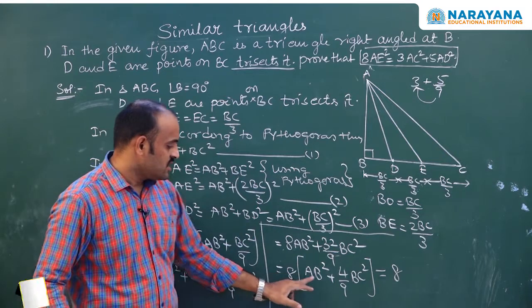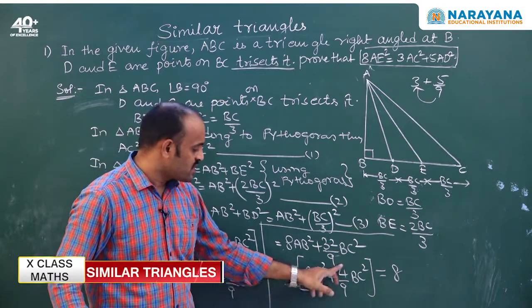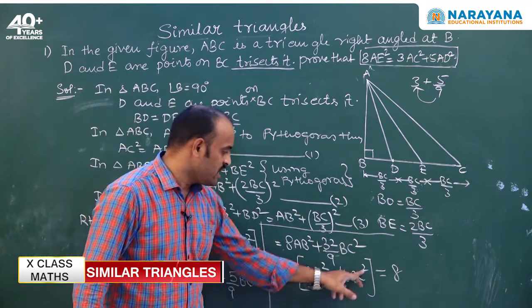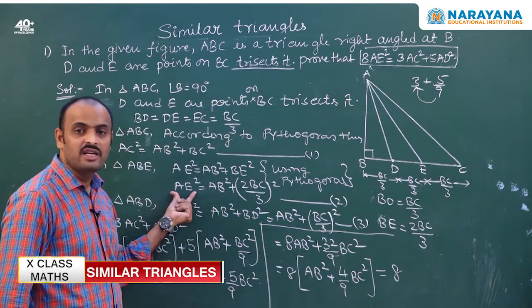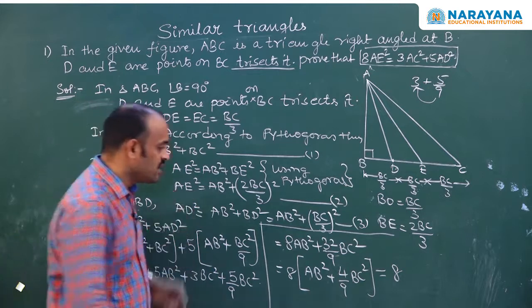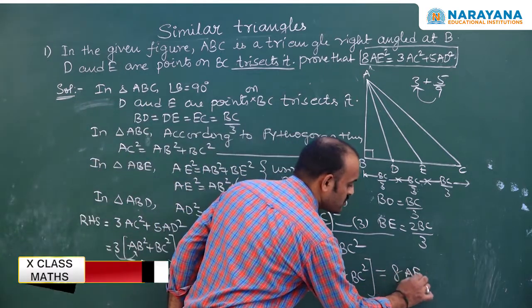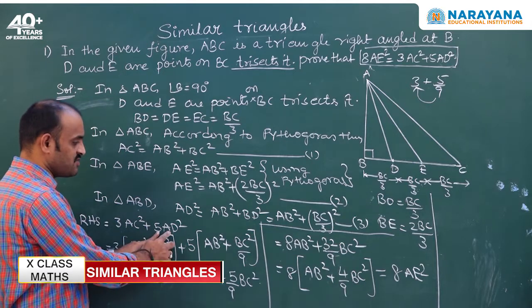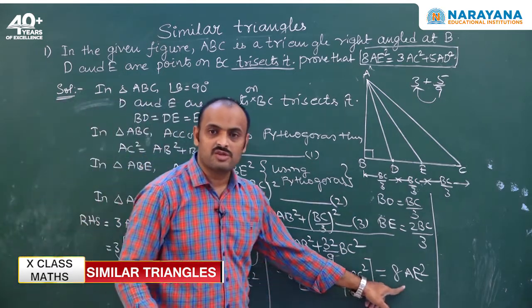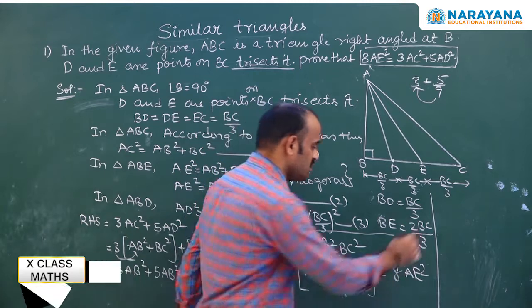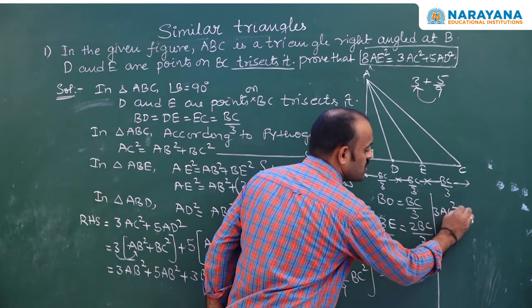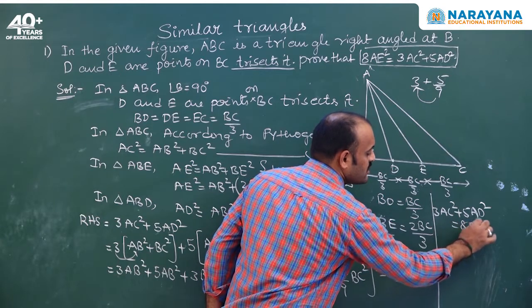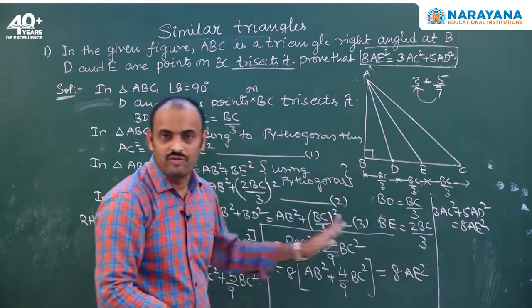That means instead of this AB square plus 4 by 9 BC square, I can write AE square, 8 AE square. Therefore, 3AC square plus 5AD square is equal to 8 AE square, hence proved.